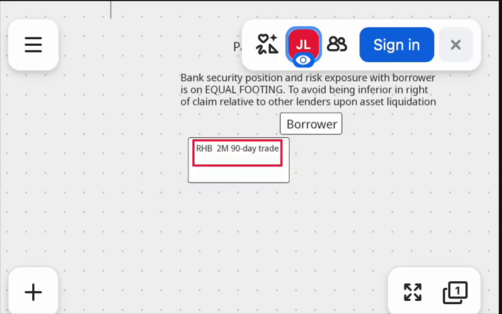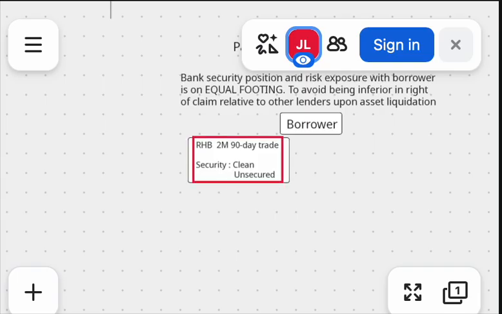And let's say the security is clean. Have you heard of that term before? Clean, no security. It's basically unsecured. Okay, good.